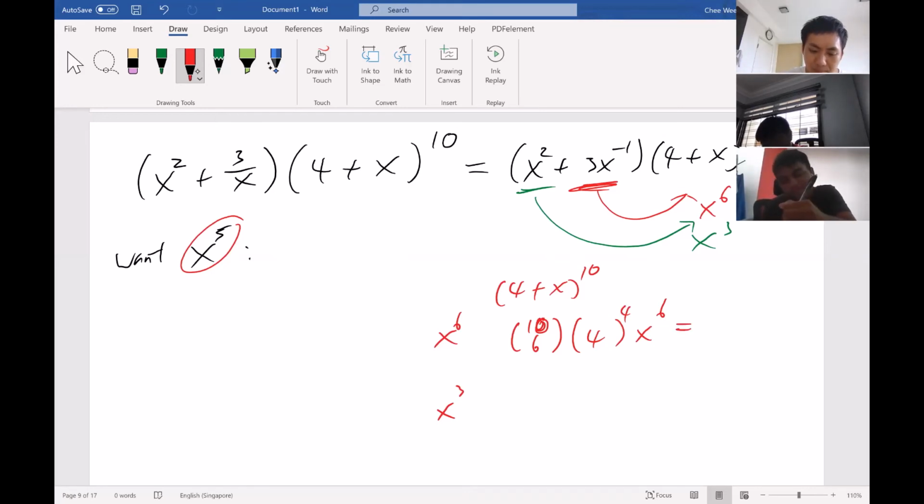Then for x cubed, you would do 10 choose 3, x to the power of 3, and then 4 to the power of 7. Then solve with the calculator.